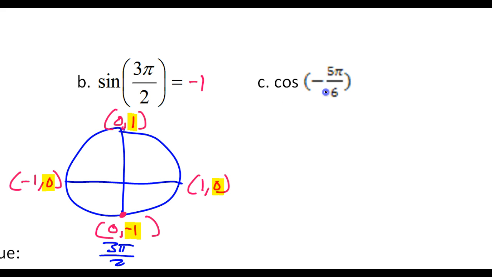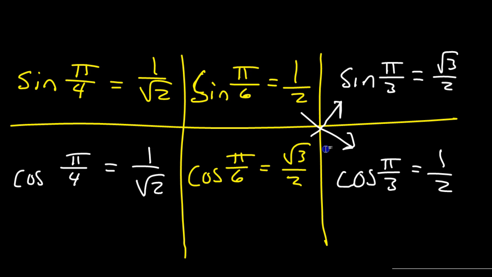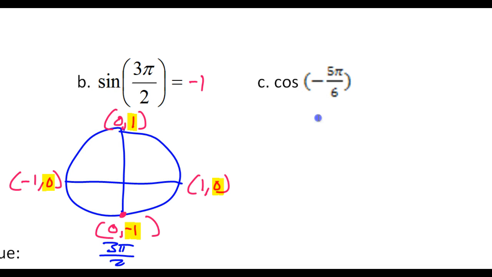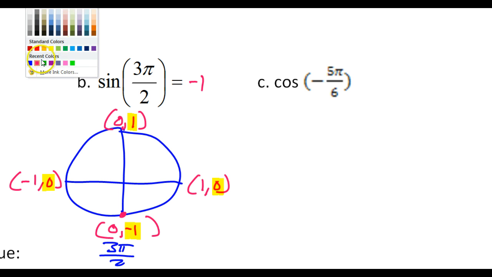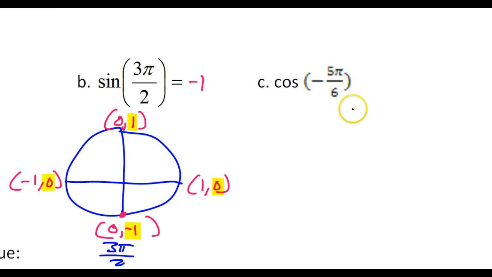Now this one is not a quadrantal angle, so I can't just draw a unit circle and get the values off a coordinate. So this is when you need this chart. Now the reference angle is where you begin. So cosine of any random angle is going to equal the cosine of the reference angle.